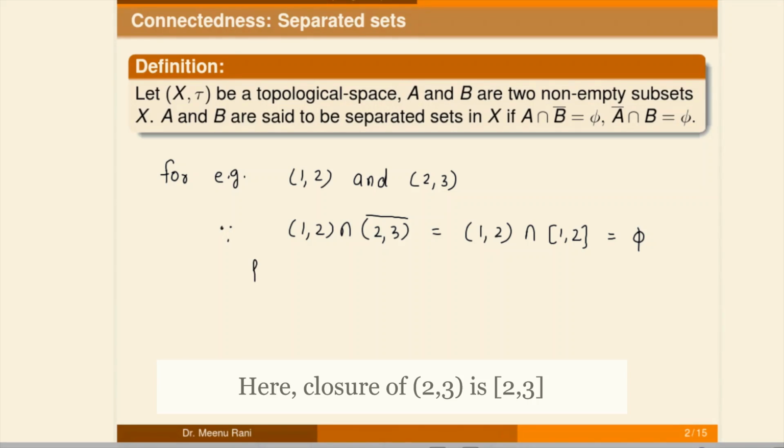And also if we take the closure of (1, 2) intersection with (2, 3), then it is the closed interval [1, 2] and the open interval (2, 3). So this intersection is also empty.